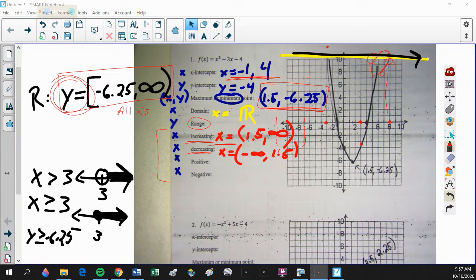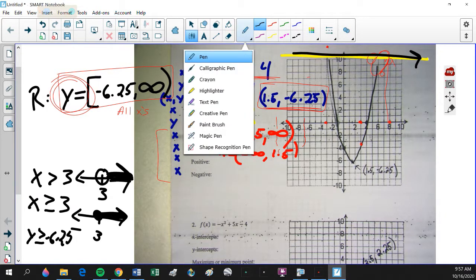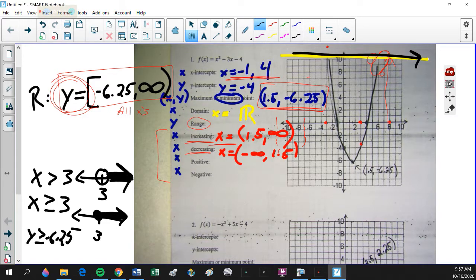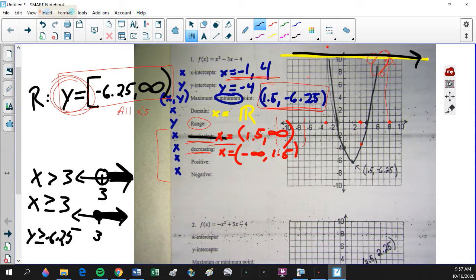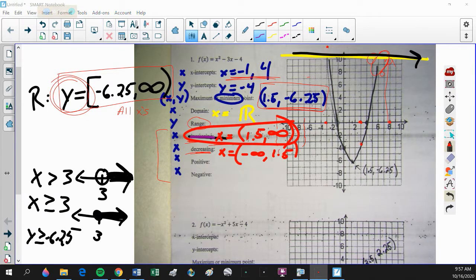So I want you to take your colored pencil and highlight this and then highlight this. I don't have a highlighter, but anyway, highlight this and then highlight this.